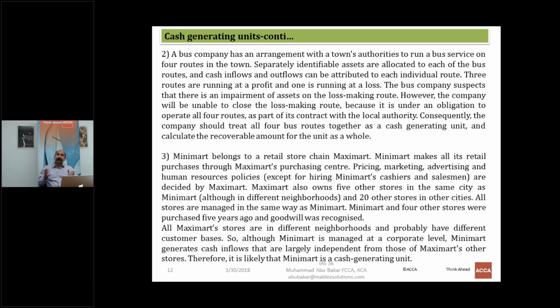I would not say absolutely independent, largely independent from the customer base of the other store. So that's why, regardless of how these stores are being managed internally, you will be looking at the criteria like generation of largely independent cash flows. If this generation is there, that smallest group will become a cash generating unit.